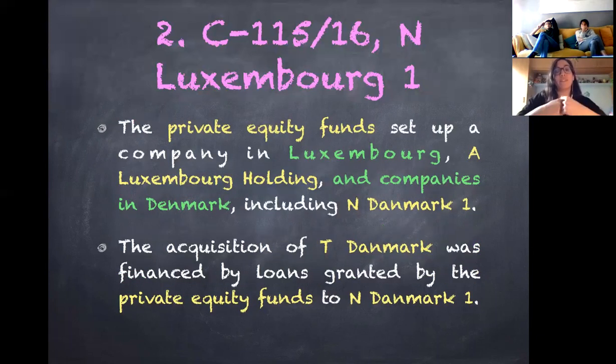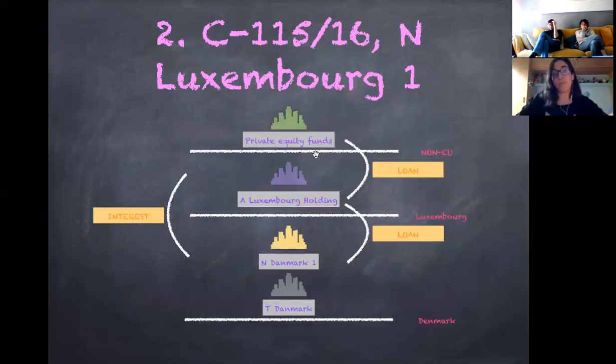Those private equity funds set up a company in Luxembourg called a Luxembourg holding, and also companies in Denmark, including N Denmark 1. The acquisition of T Denmark was financed by loans granted by the private equity funds to the company created in Denmark. So the scheme was more or less the following. We have five private equity funds in a non-EU country, so in a third state.